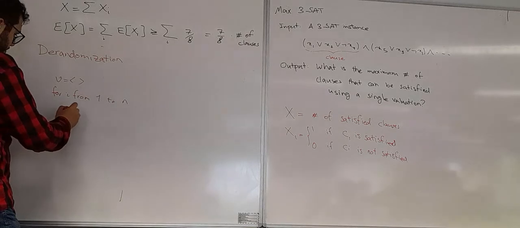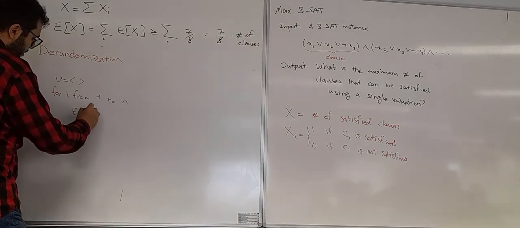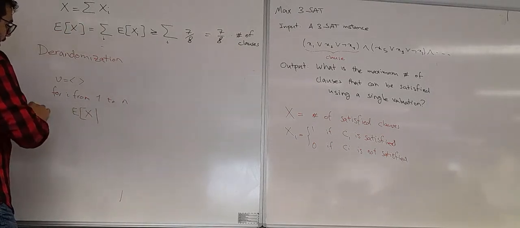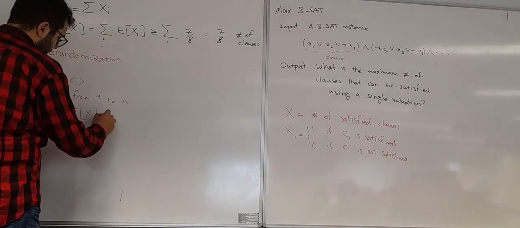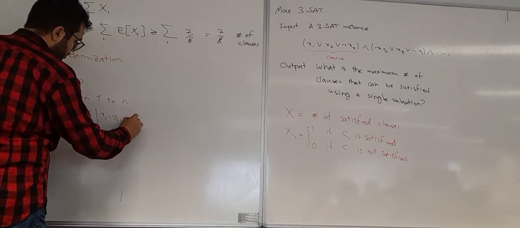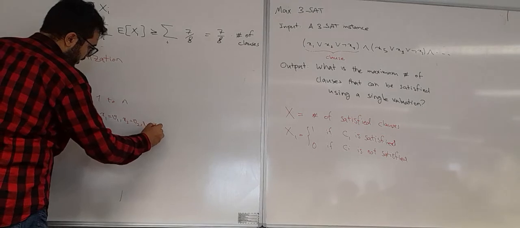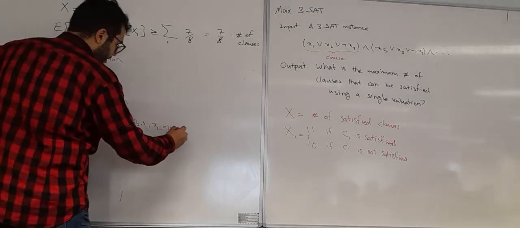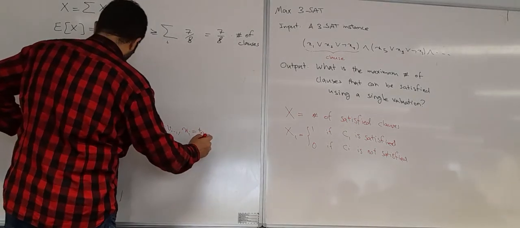here's what I want to do. I want to compute two things. I want to compute the expected value of the number of clauses that are satisfied, assuming that x1 is v1, x2 is v2, and so on, and xi minus 1 has value vi minus 1. But at the end of it, I want to set the value of xi to true. Okay?